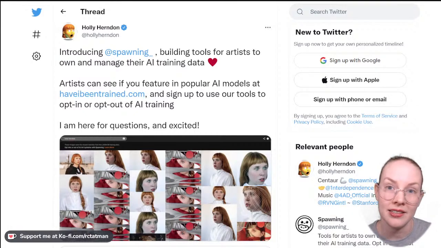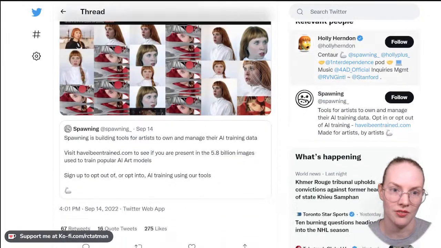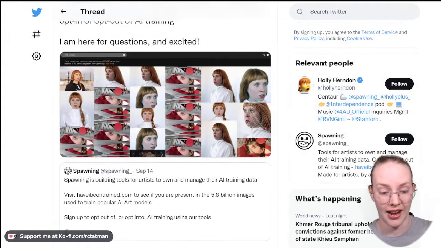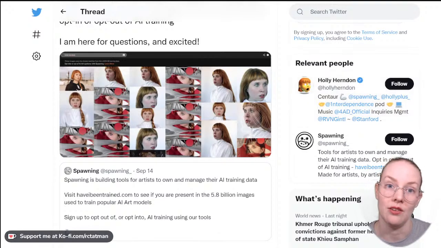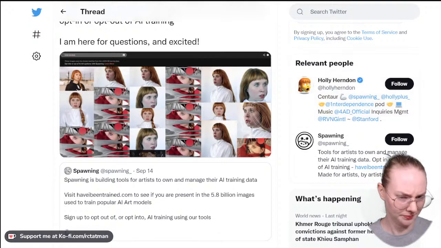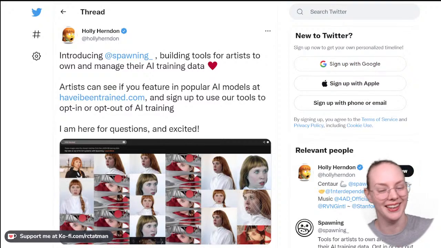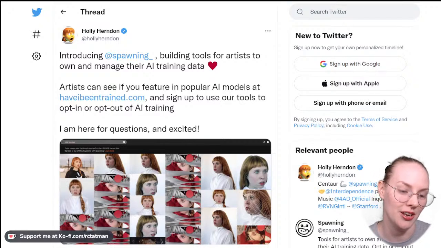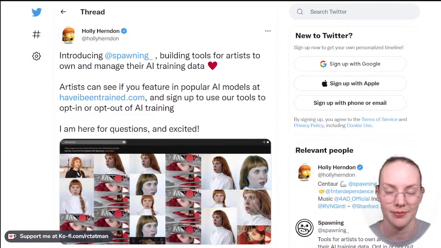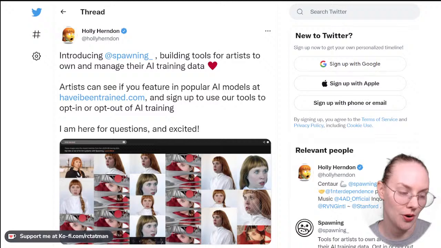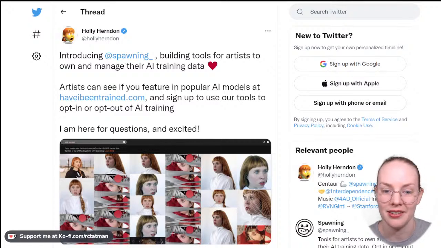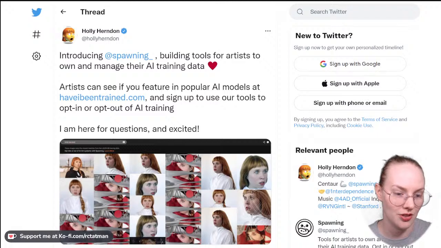I think this is a great idea for artists to maintain control of their intellectual property, their work, and make sure that they have control of whether or not it is included in training data. From reading, the way it works is that if an artist says, I want to opt out, they basically ask the people who are training large image generation models to opt them out. Obviously it's not legal, right? They're just trying to do the best they can to protect artists for the moment. I think this is a good idea, and I hope it gets teeth.